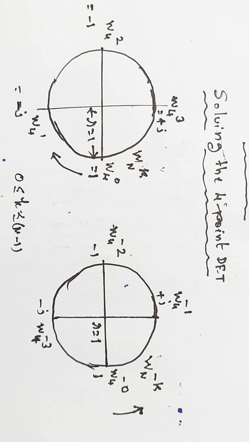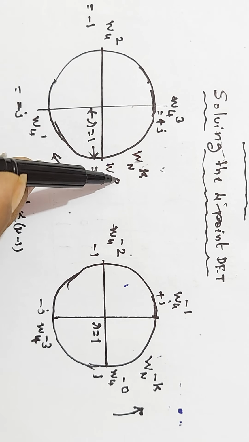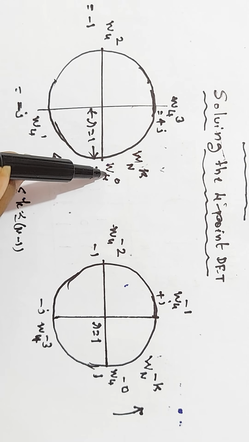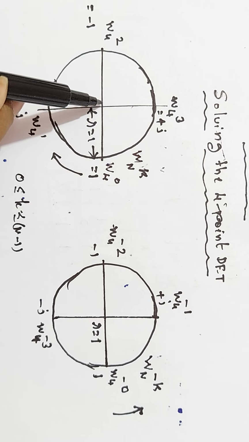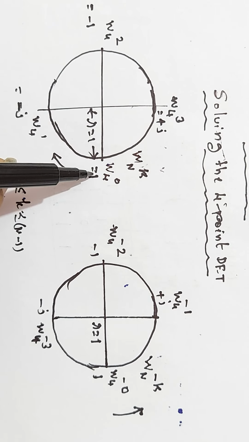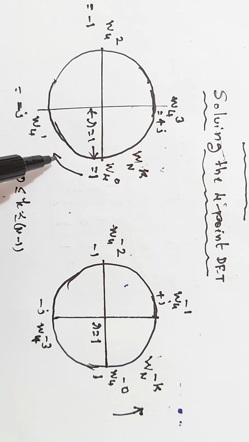Now, we have already derived what W_4 is. W_4 to the power of 0, anything to the power of 0, is 1. Therefore, all DFT points are represented on a circle of unit radius. This length is 1. Therefore, W_4^0 equals 1. Since these are positive DFT values, we are taking them in the clockwise direction.